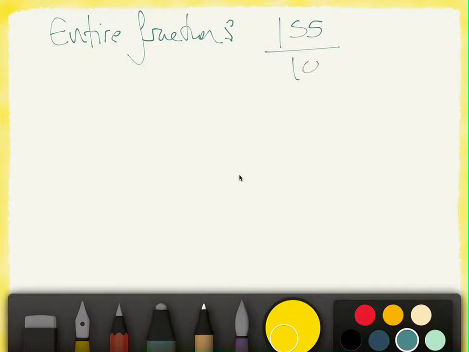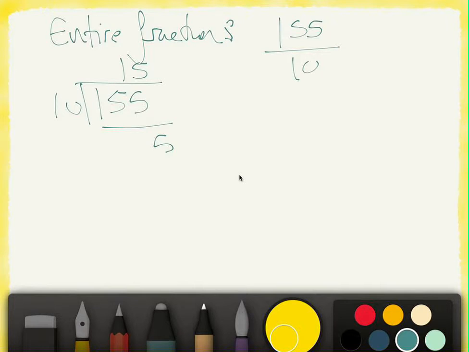I'm just going to make my life a little easy here. And I happen to know, since it's a multiple, that 155 divided by 10 will give me 15 with 5 left over.